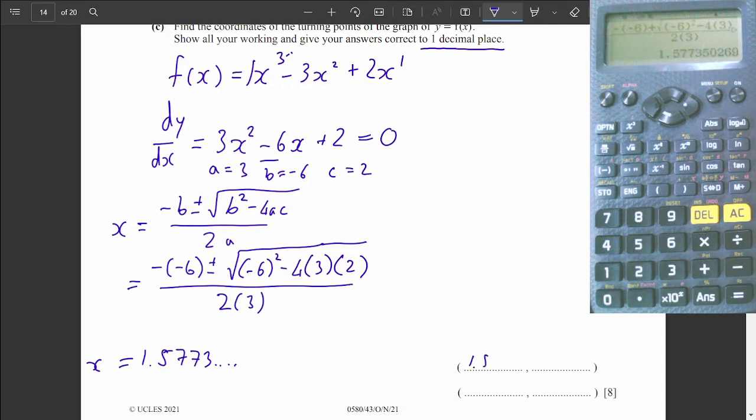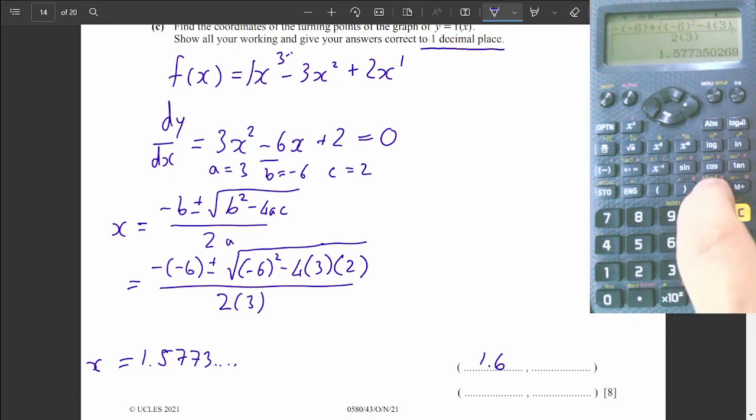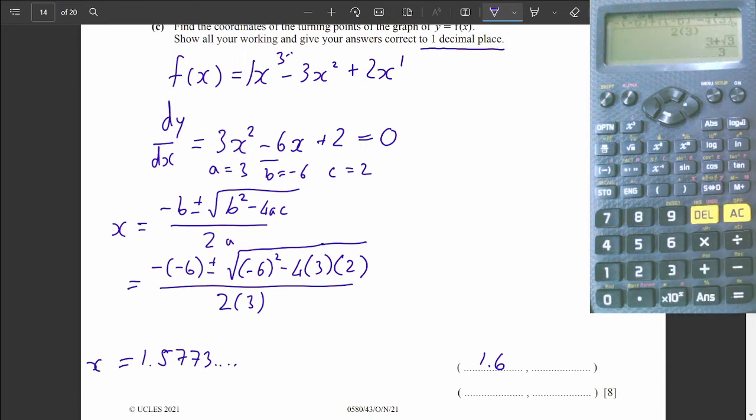This is 1.57. They say give your answers correct to 1 decimal place. Read the question carefully. That's 1.6. To keep things accurate, we can also write over here the third form.